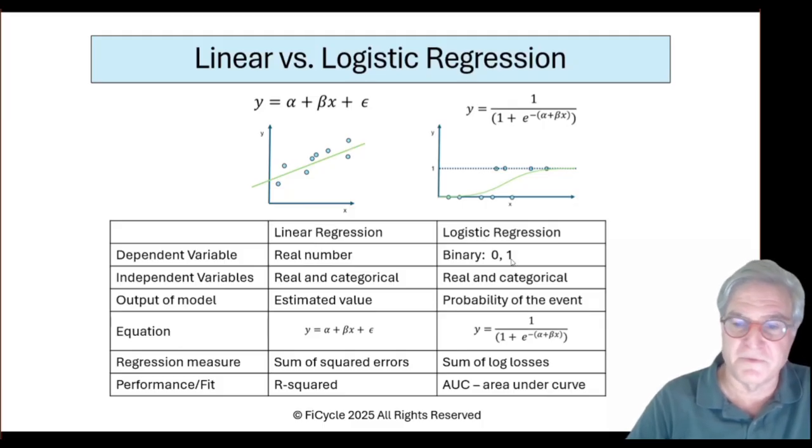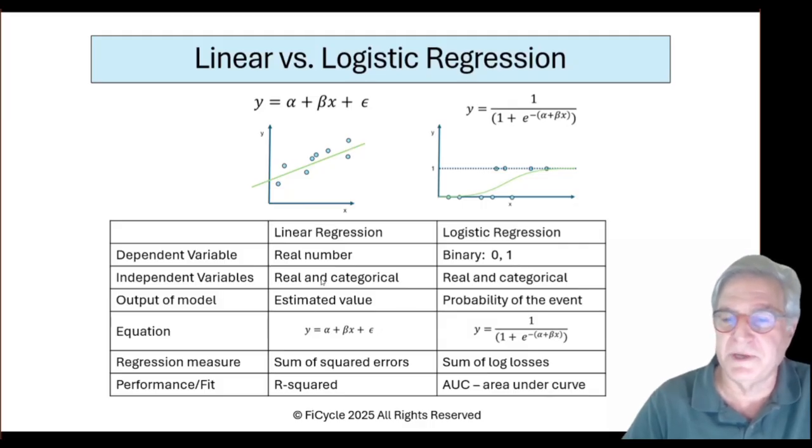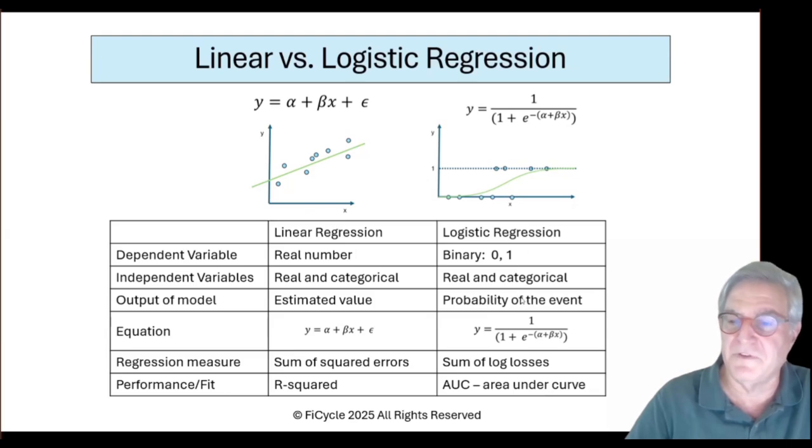In a logistic regression, our dependent variable is binary, 0 or 1. We can have any sorts of independent variables, either real or categorical. The real difference comes in the output of the model. Linear regression is going to give us an estimated value, and a logistic model is going to give us a probability of an event, not the actual event or a price, but a probability.